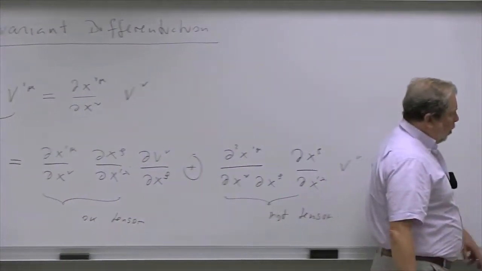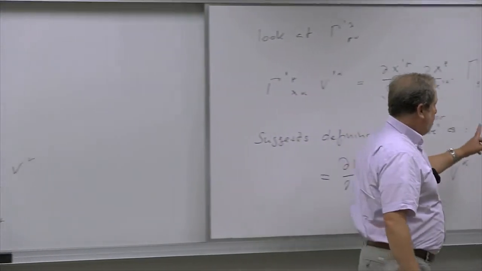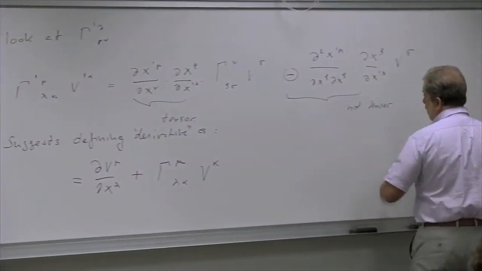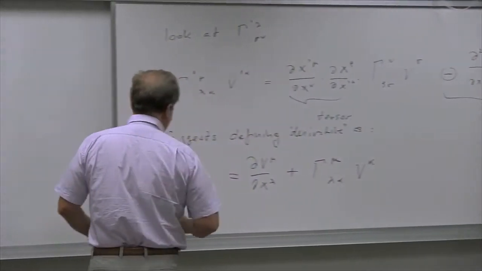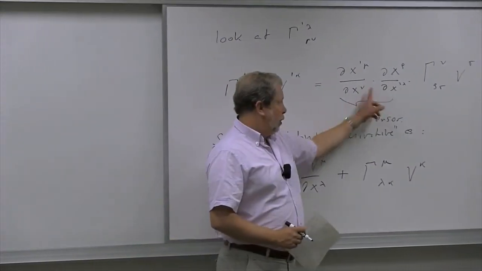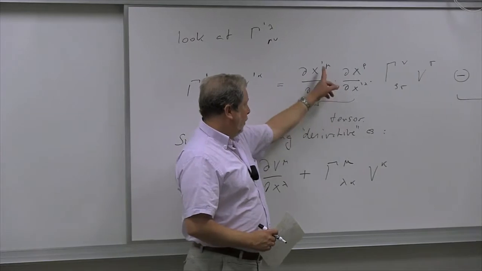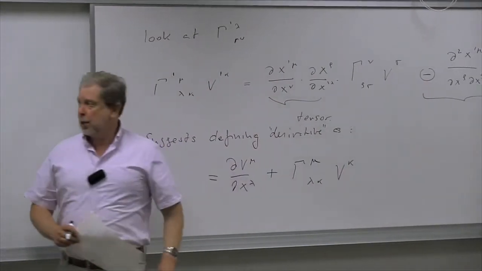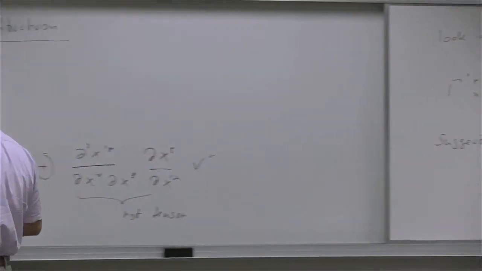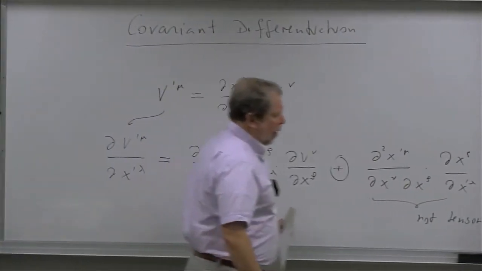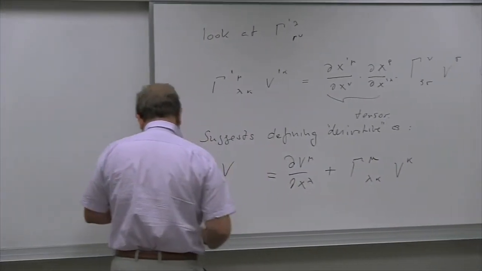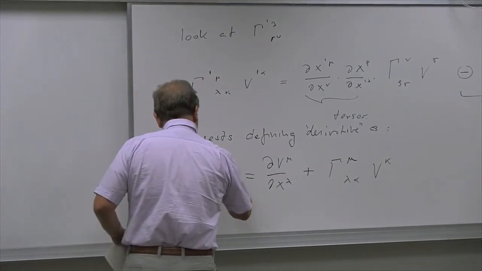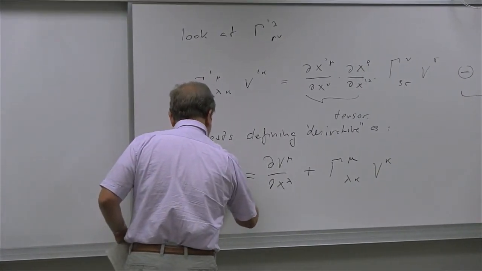The transformation law of the second piece also gives a second derivative term with the opposite sign. And so the combination of the two should transform with a prefactor, which is just a combination of dx prime by dx and dx by dx prime, which is what we have both there and also here.